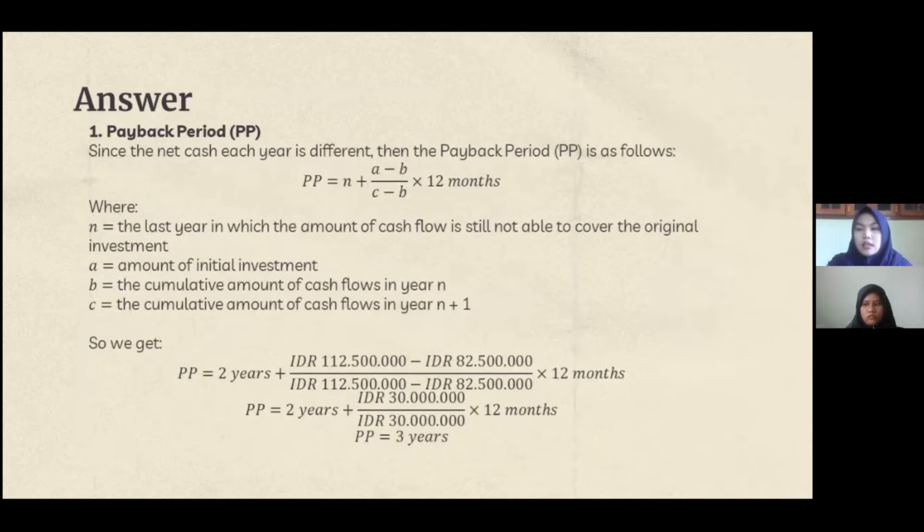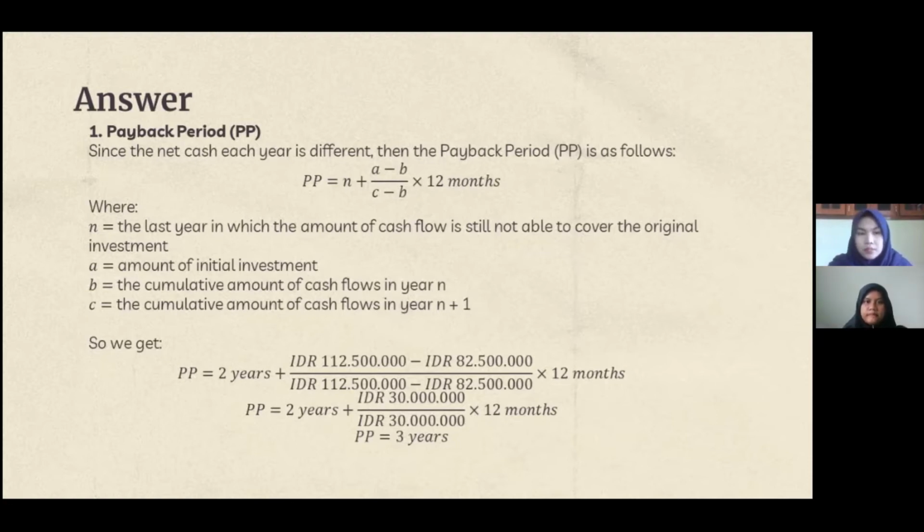This is the formula of payback period: PP equals N plus A minus B over C minus B times 12 months, where N is the last year in which the cumulative cash flow is still not able to cover the original investment, A is the amount of initial investment, B is the cumulative cash flow in year N, and C is the cumulative cash flow in year N plus 1.